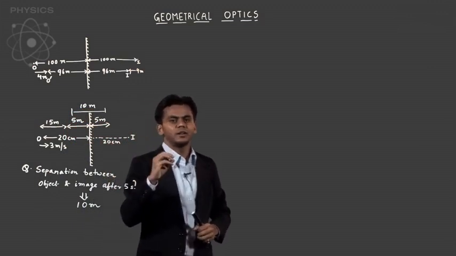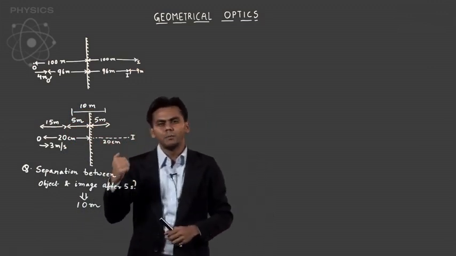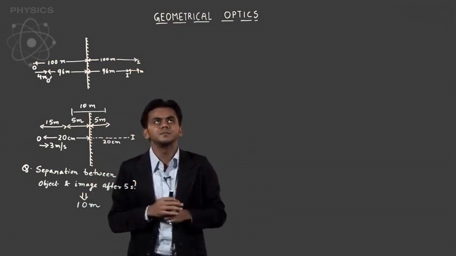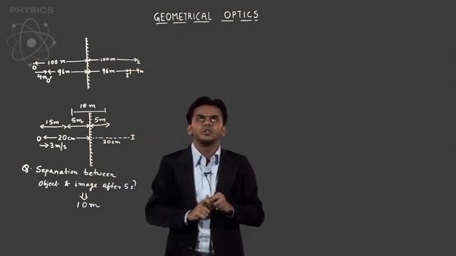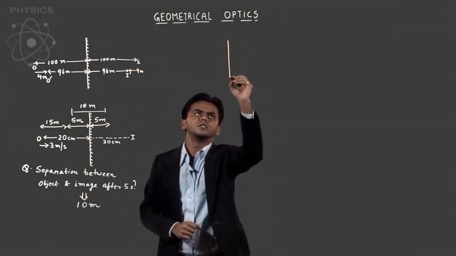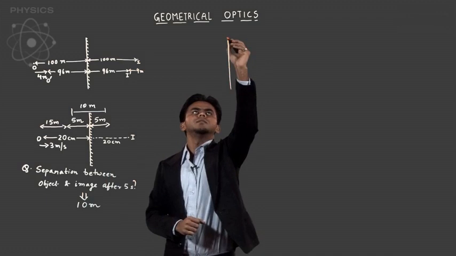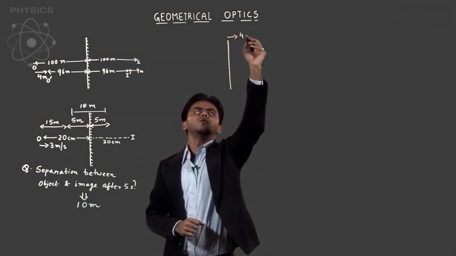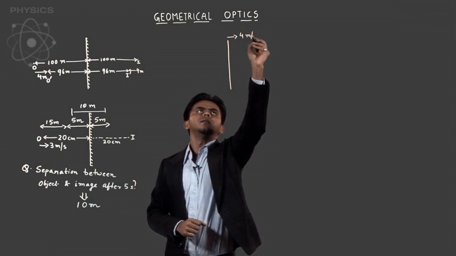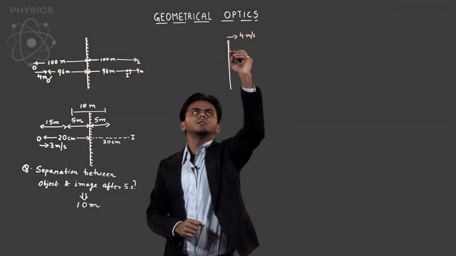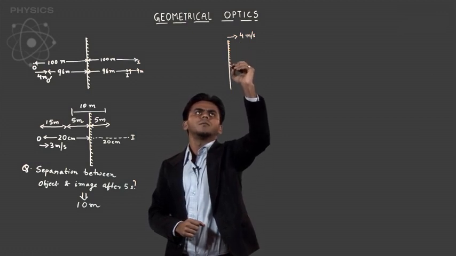Now let's try to put a bit of complication here. The mirror now is not at rest. Let's look at that situation. So you have a mirror which is not at rest. This is moving towards the right with 4 meters per second. Just put a dashed line to denote that this is a plane mirror.